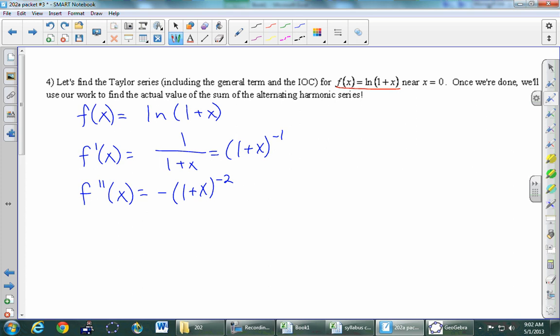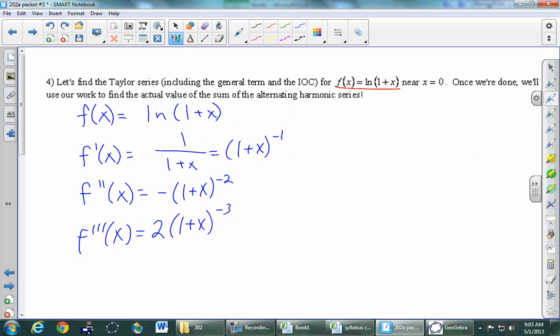I don't feel like I know what the pattern is yet. I can't tell just by looking at that. I'm thinking I need to go at least one more. So what's the next one? 2, 1 plus x, negative 3.